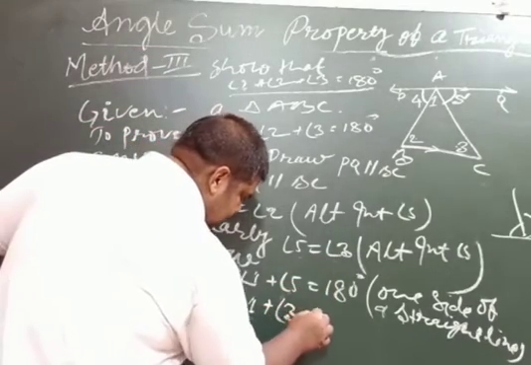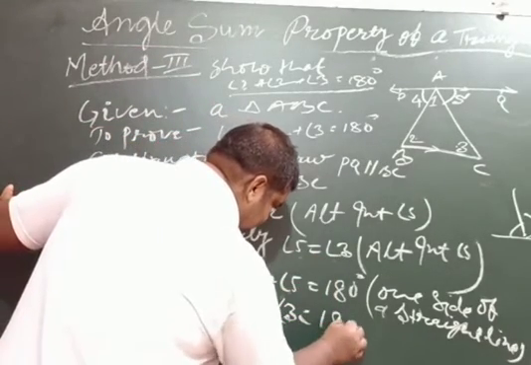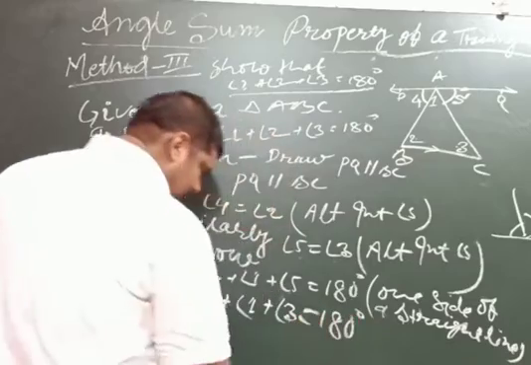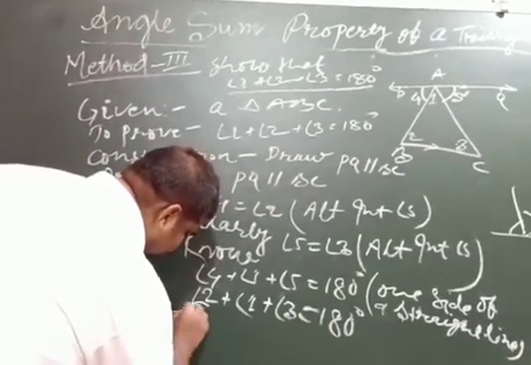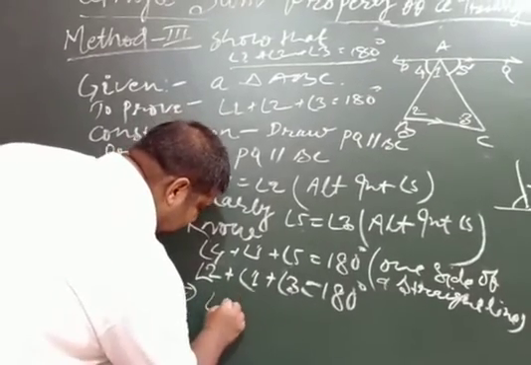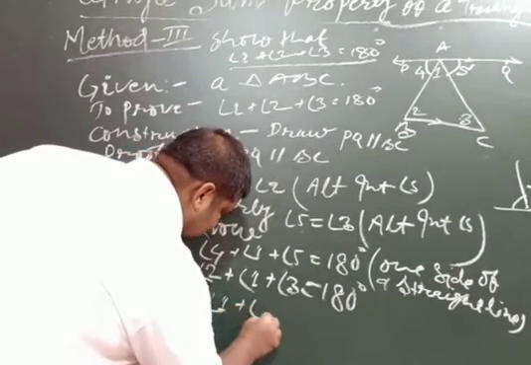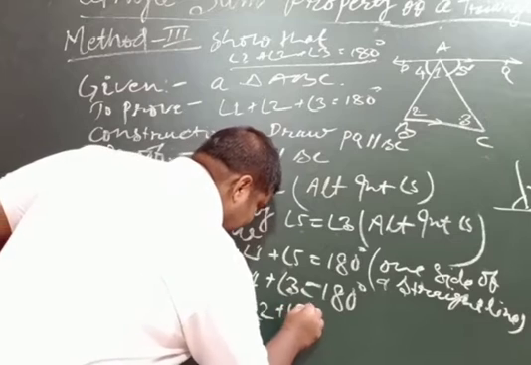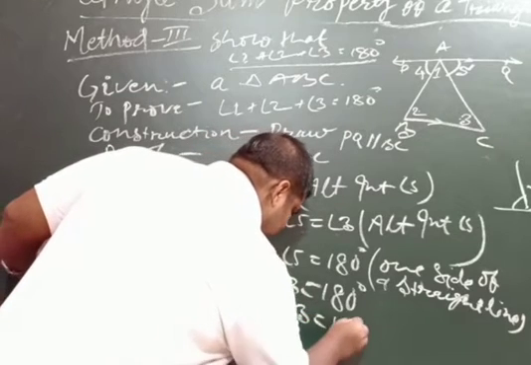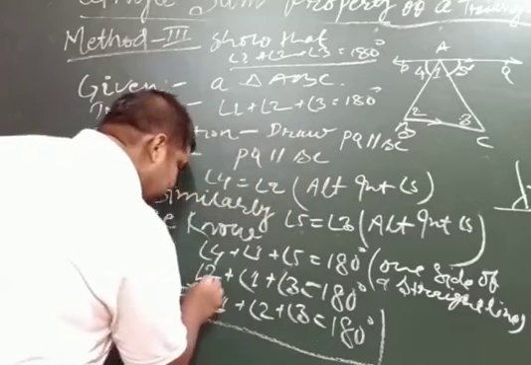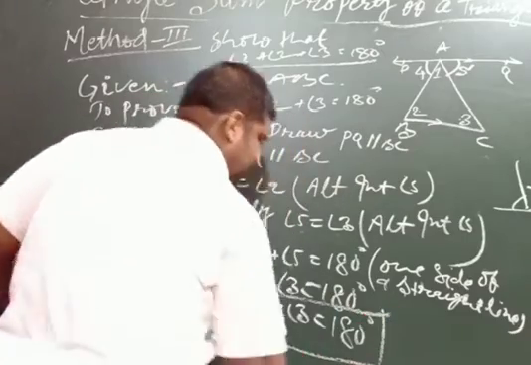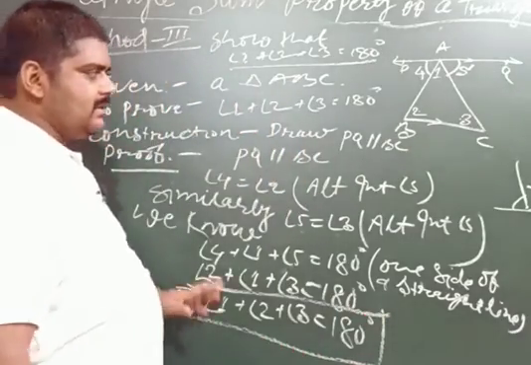So 2 plus 1 plus 3 is equal to 180 degrees. At last you can rearrange them and find angle 1 plus angle 2 plus angle 3 is equal to 180 degrees. So this is the verification of the angle sum property.